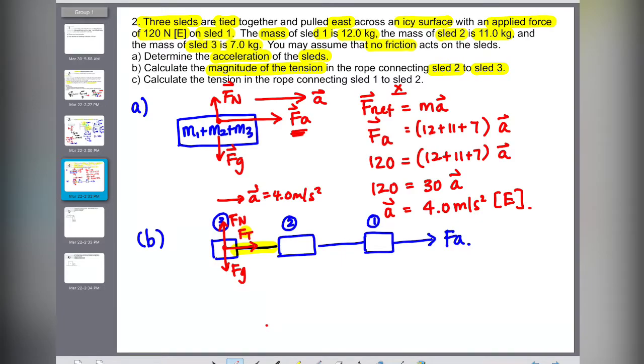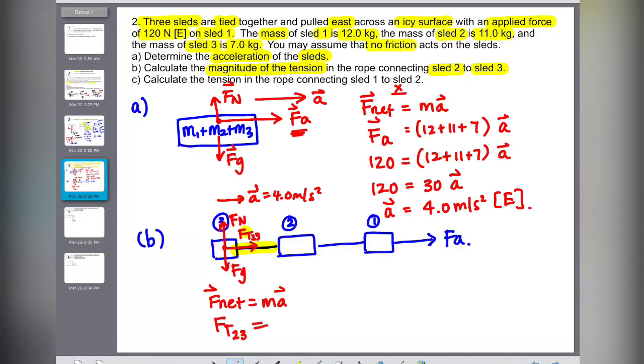Okay, so let's analyze this. So F net equals ma, right? And the net force in this one is Ft between the 2 and 3. I'm just going to label this Ft 2, 3. That's the force of tension between 2 and 3.